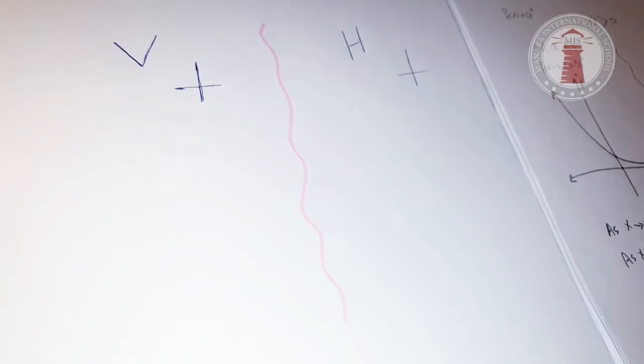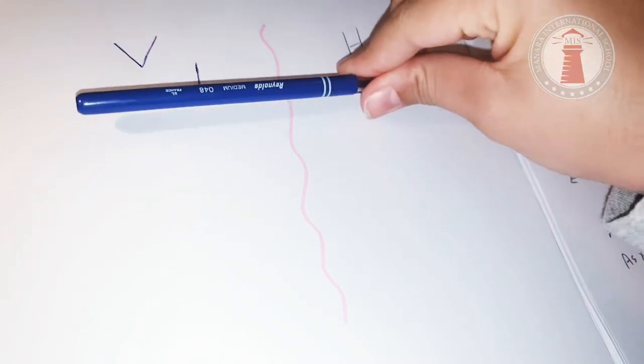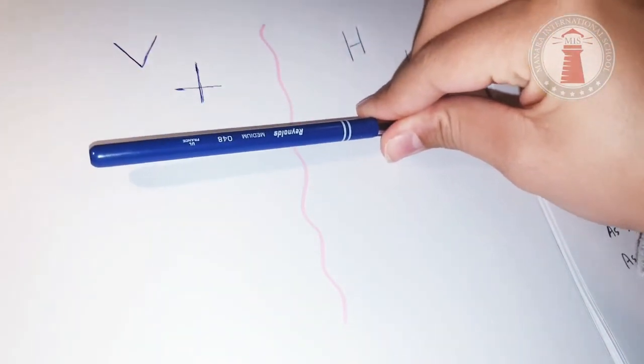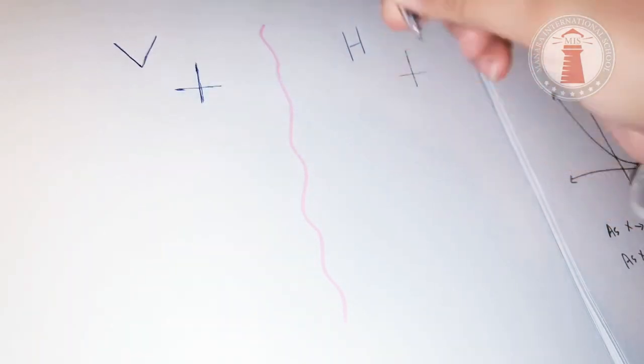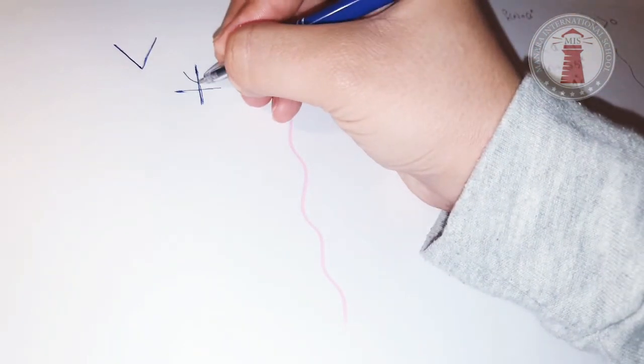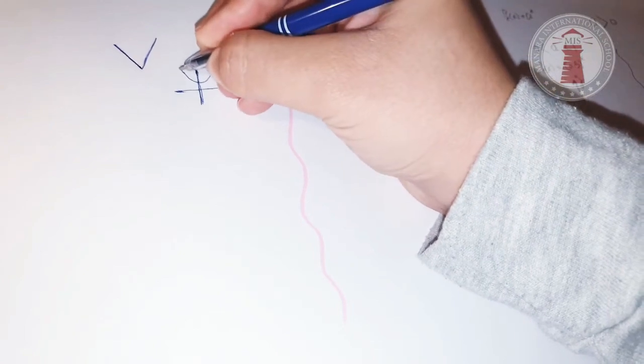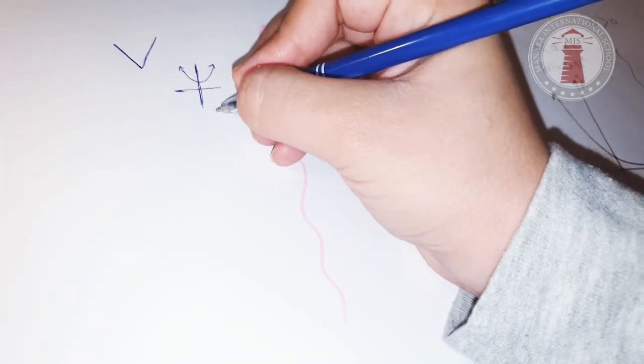Here, a vertical parabola has a horizontal directrix. Now, a horizontal directrix means it's going to be parallel to the x-axis. So the vertical parabola either looks up or down.